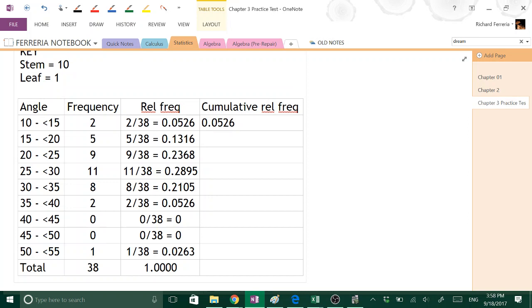But then when you make your cumulative relative frequency plot, it's a lot easier with decimals. 0.0526, we're going to add to that the 0.1316. Gives me 0.1842. We're going to take that 0.1842, and to that we're going to add 0.2368.